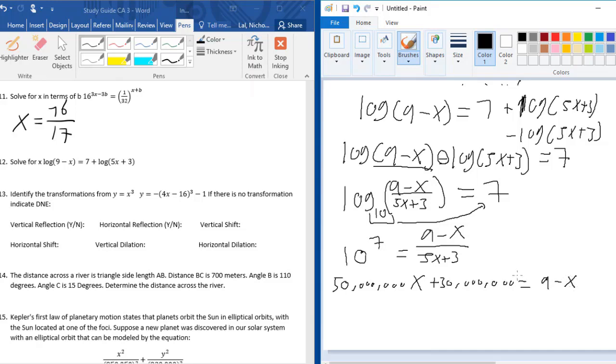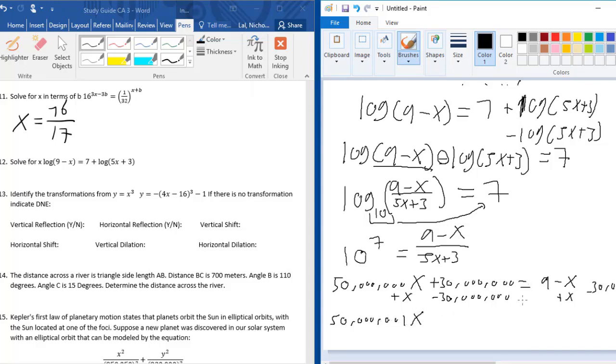So what I'm going to do is add x on both sides, and then subtract 30 million on both sides. So 50 million x plus 1x is going to be 50 million and 1x.